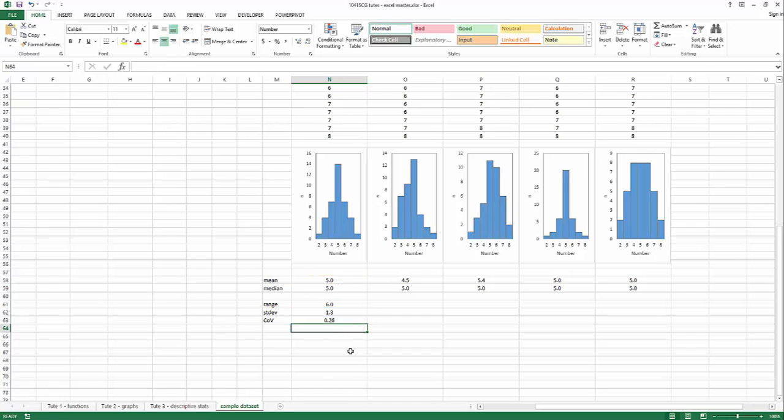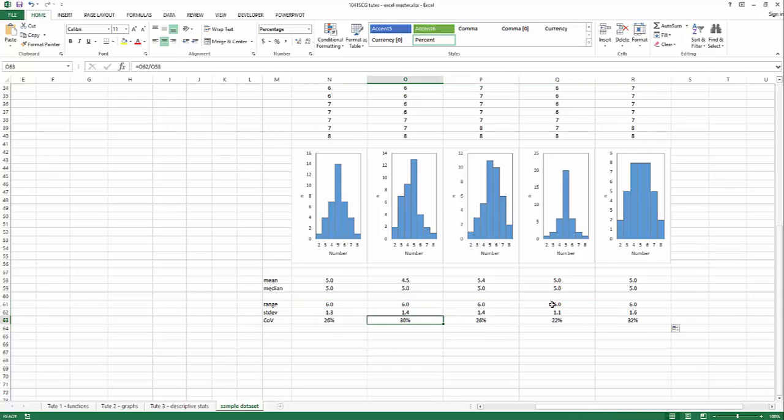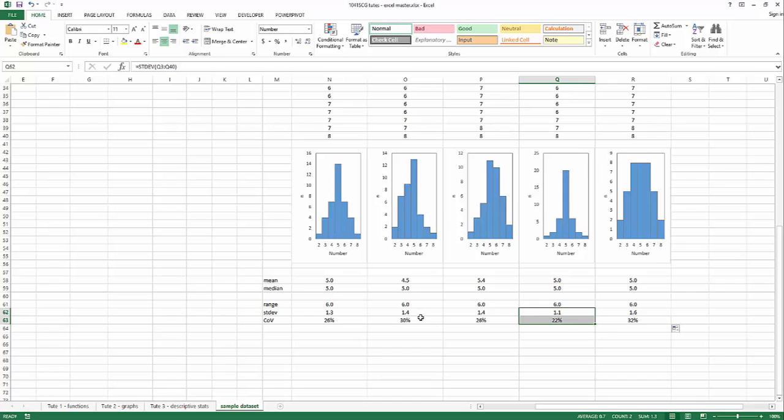It's usually expressed as a percentage, so this is 26%, or I can show it directly as a percent by moving up here in the home ribbon and clicking on percent. It's 26%. And again, I can drag it across to all 5 distributions. Now they all 5 have the same range, 6, but the standard deviation and the coefficient of variation vary slightly from a low number to a higher number.